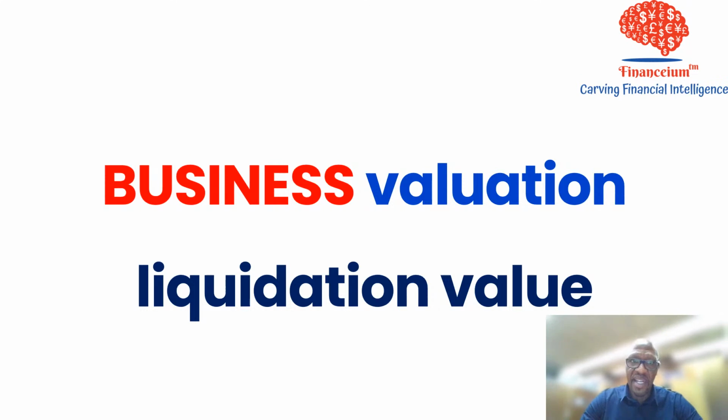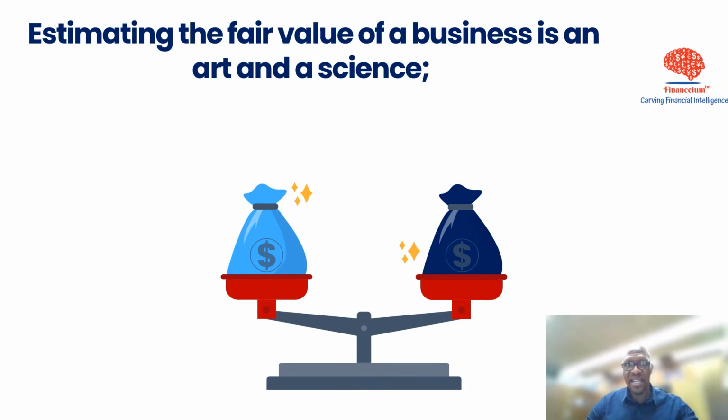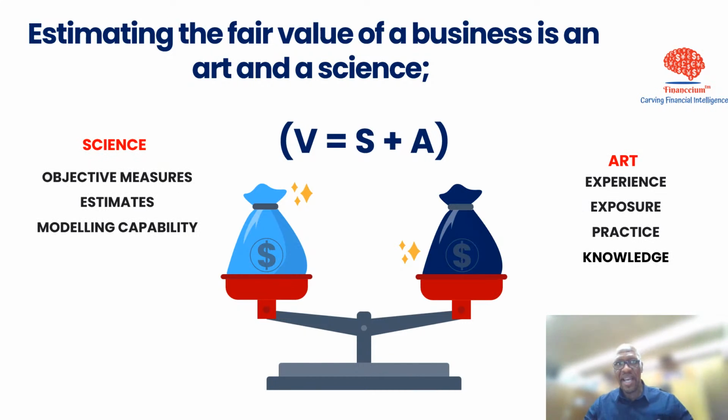We are here doing the last of this six-series of valuation models. We've been talking about business valuations. We have said that understanding valuation is both science and art. The science uses measures, estimates, and modeling capability, and the art revolves around experience, exposure, practice, and knowledge.